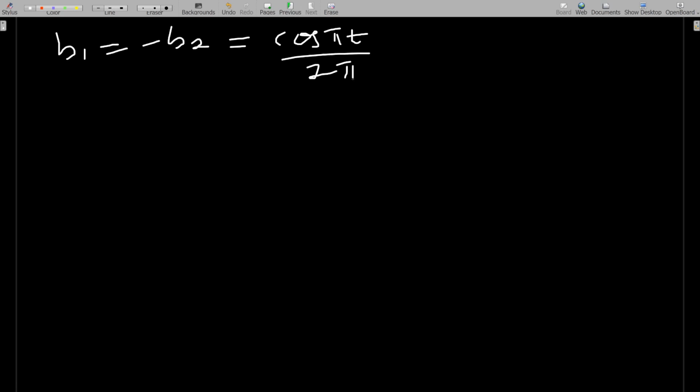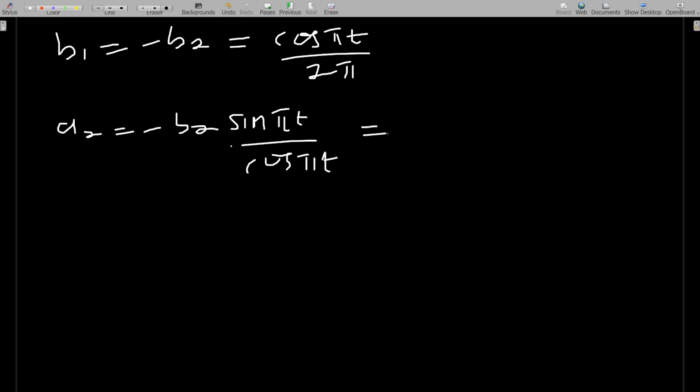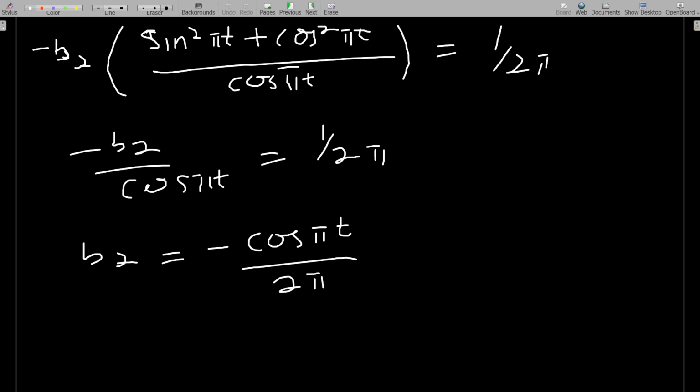Now we know from equation 2 or from 3, what we stated before finding b2, that a2 is equal to minus b2 sine pi t over cos pi t, which is equal to, now b2 gave us minus cos pi t over 2 pi.